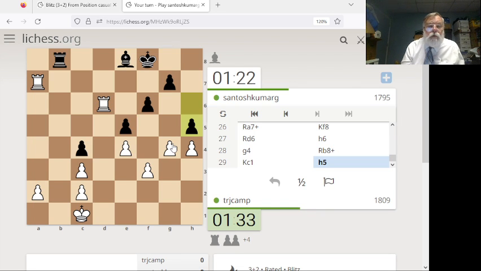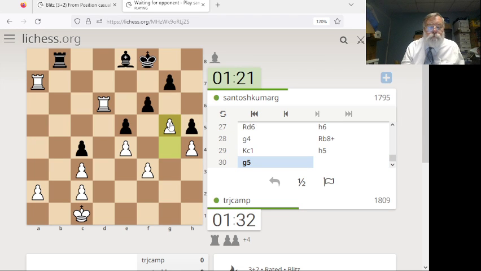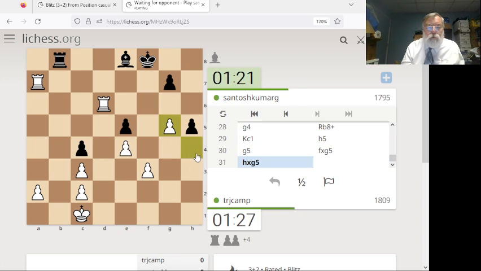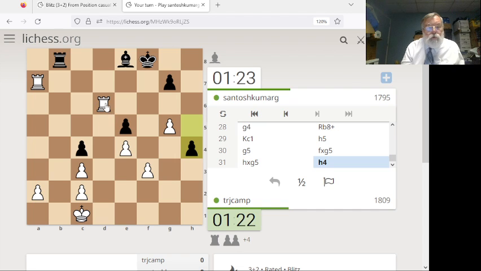Let me think about that one. I do not want the bishop on that square. And I realize there are issues with that. How quickly can I get back around there? Not as quickly as I'd like.